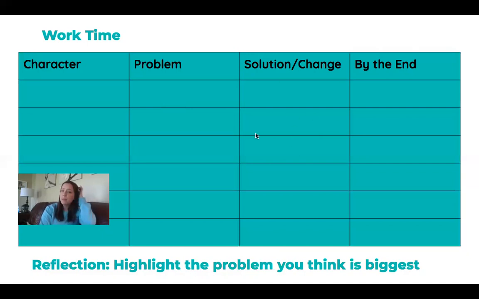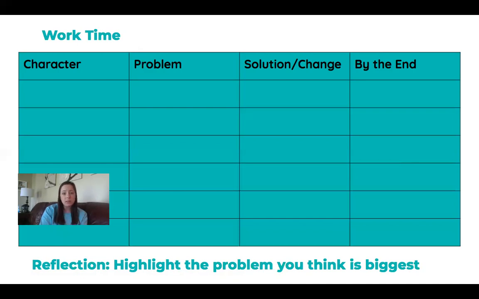Like, does something happen to that problem? And then by the end of the problem, what's happening? Like I said, you might not be able to fill this out if you're not really sure, or if your character's in the middle of working through that problem. Okay, so at least 2 characters today, as many problems as you can think of, because remember that good readers keep track of multiple problems in the story.